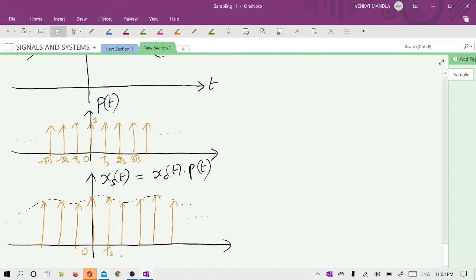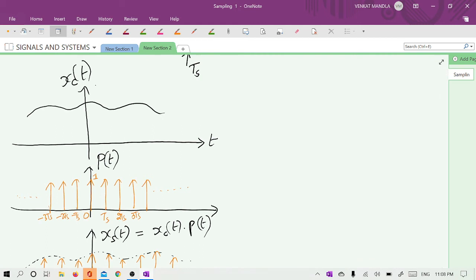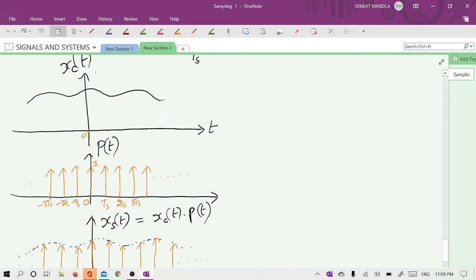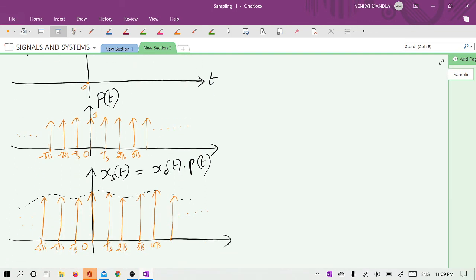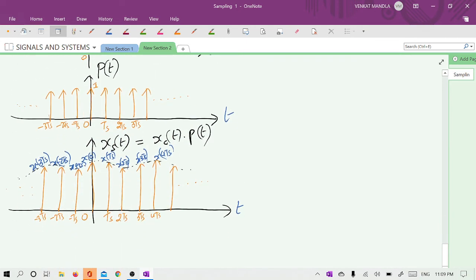At 0, Ts, 2Ts, 3Ts, minus Ts, minus 2Ts, minus 3Ts, and so on, the values are x of 0, x of Ts, x of 2Ts, x of 3Ts, x of 4Ts, x of minus Ts, x of minus 2Ts, x of minus 3Ts, and so on.